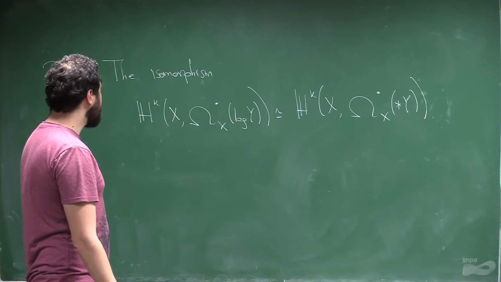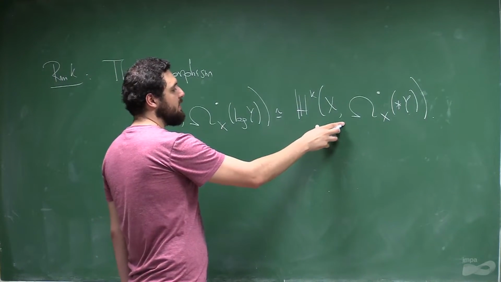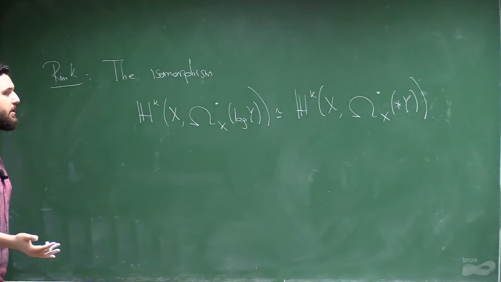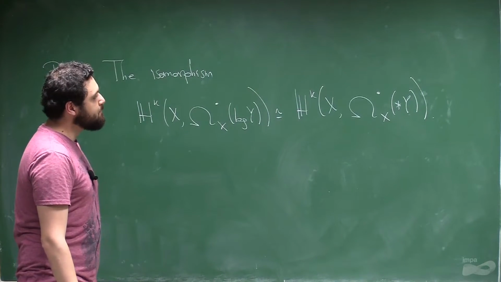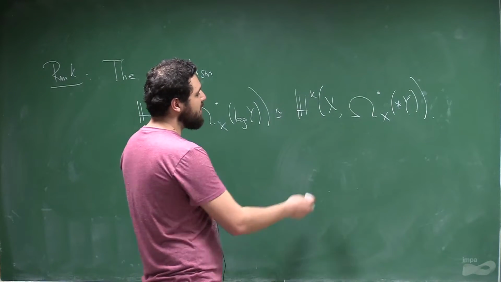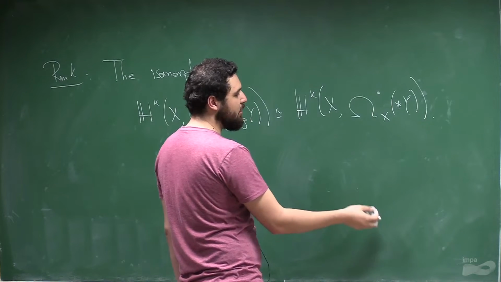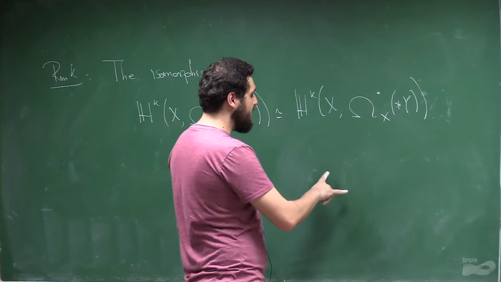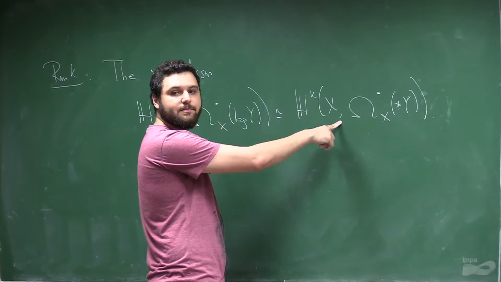And this isomorphism is suggesting the following thing. We know that we can compute these hypercohomology groups by taking an affine open covering of X. When we compute this explicitly, what we will have is a collection of algebraic forms with poles of arbitrary order along Y. And what we are saying is that the natural inclusion here is an isomorphism.